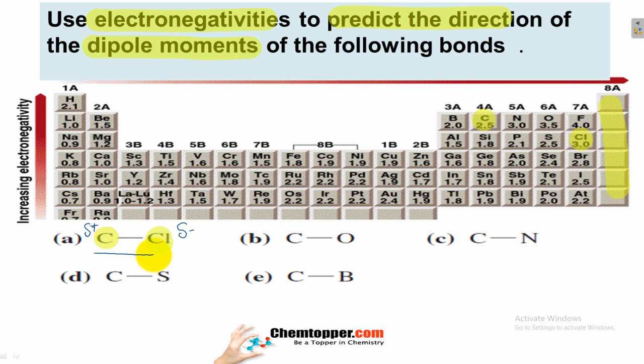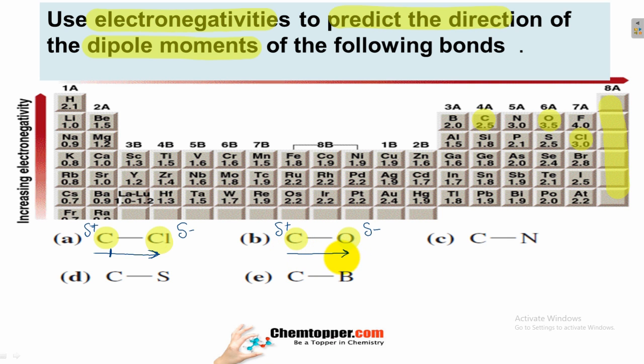The tip of the arrow is in the direction of chlorine and the tail of the arrow is in the direction of the less electronegative carbon atom. In the case of carbon and oxygen, oxygen is more electronegative than carbon because oxygen is smaller in size than carbon. So there is a partial negative on the oxygen, a partial positive on the carbon, and the dipole will be represented by an arrow.